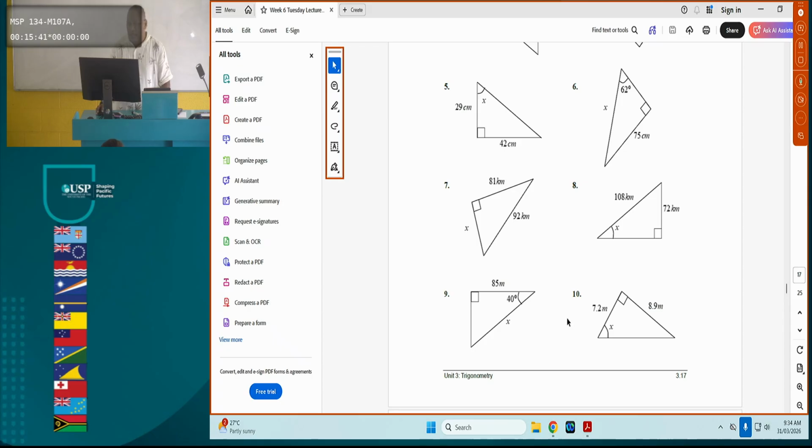Question 10, which sides are we using? Which side is opposite? 8.9, and adjacent is 7.2. So we'll use TOA.